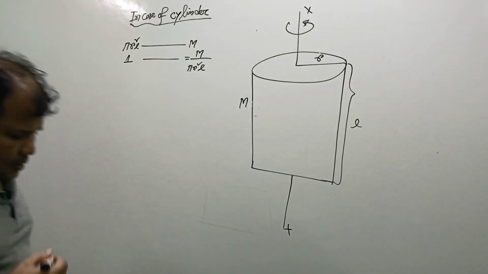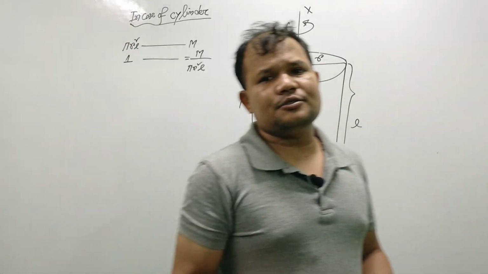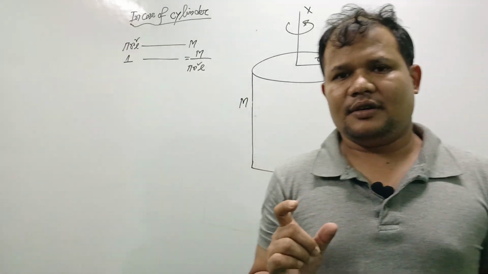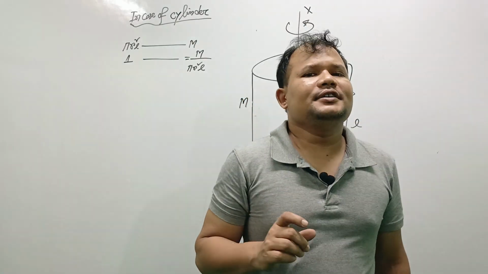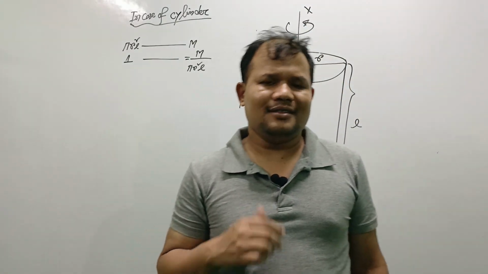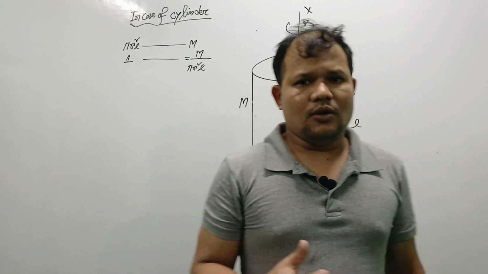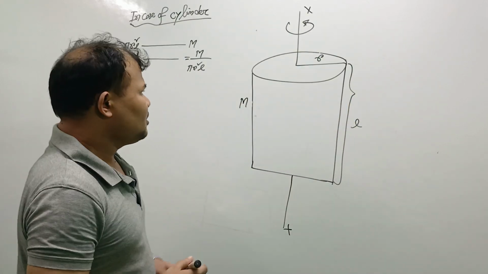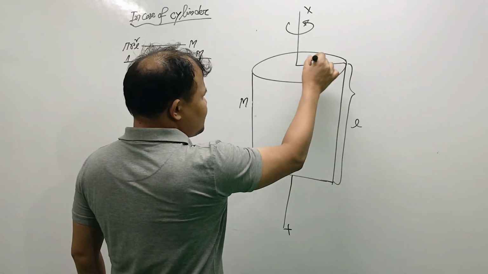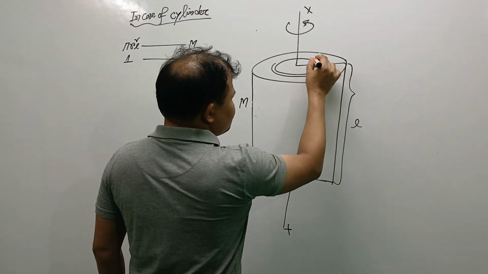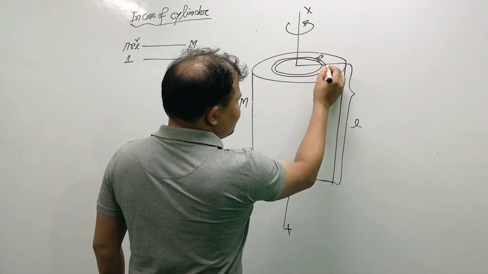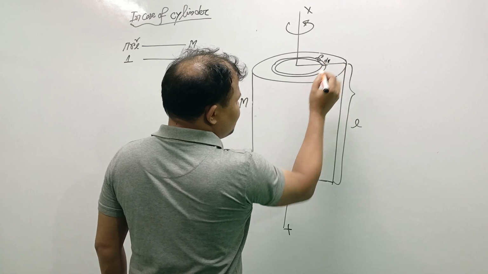Now our duty is to find the mass of the very smallest cross section. After finding the mass of the smallest cross section area, we apply the law of moment of inertia. Suppose this is the very smallest section, and the width of this cross section is very small, dx.